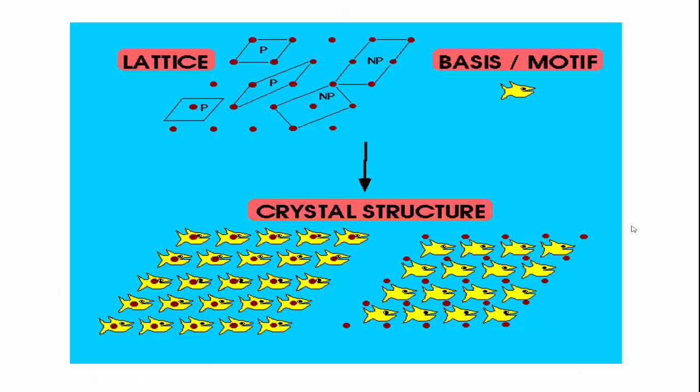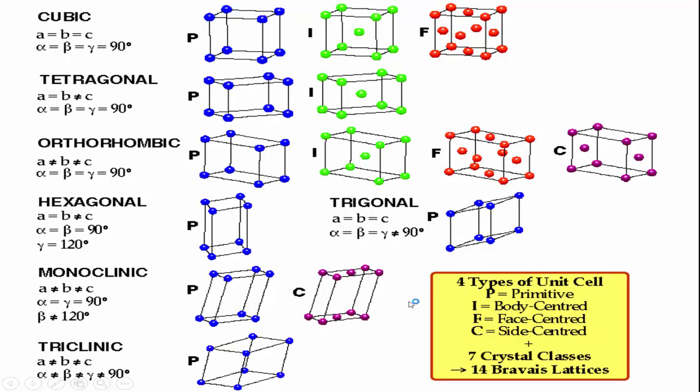This is another demonstration. So this is the lattice, basis, and motif, and this is the crystal structure. Here are some types of crystal systems: we have the cubic, tetragonal, orthorhombic, hexagonal, monoclinic, and triclinic.